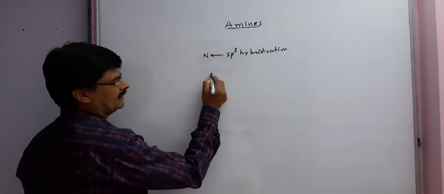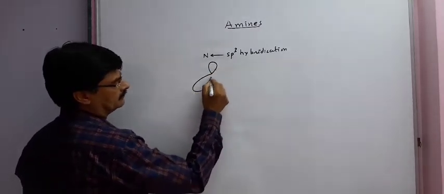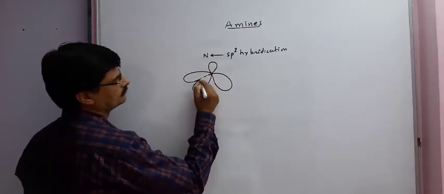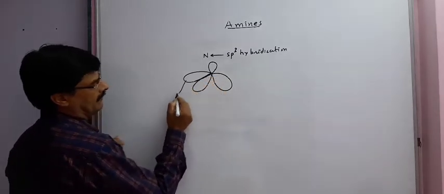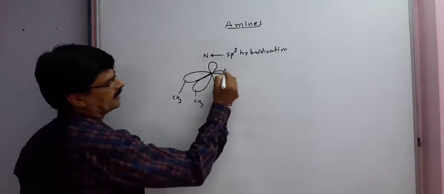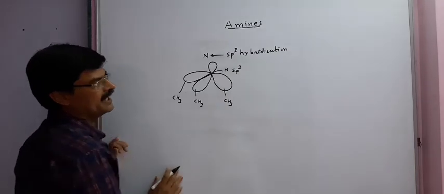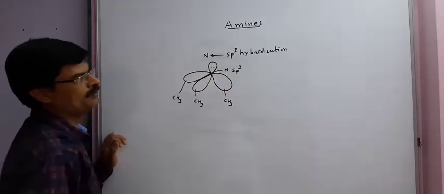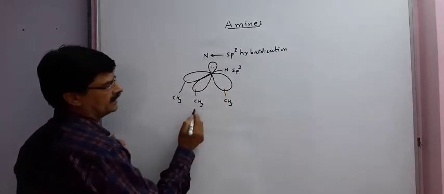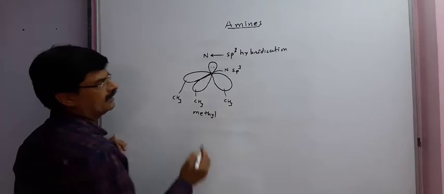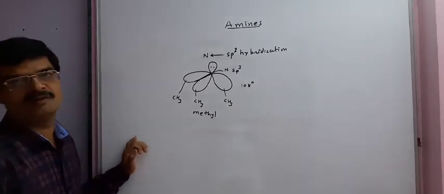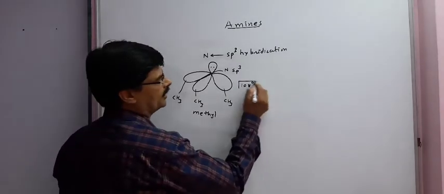But if, say, methyl groups are attached everywhere, this is nitrogen, sp3 hybridized, with a non-bonding electron pair, and all three attached groups are methyl, then the bond angle is found to be 108 degrees, not 109 degrees 28 minutes.